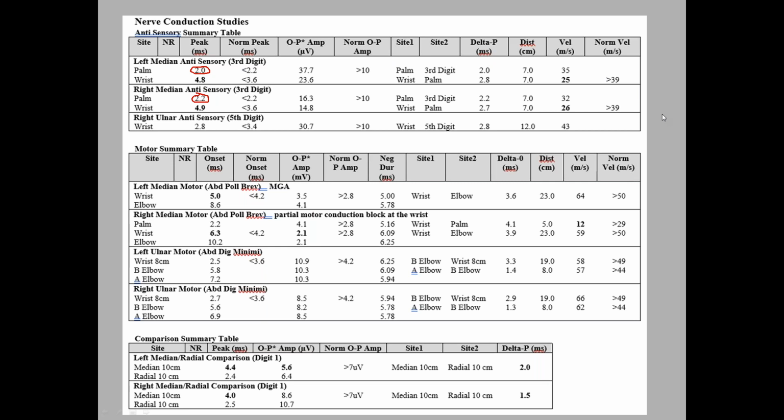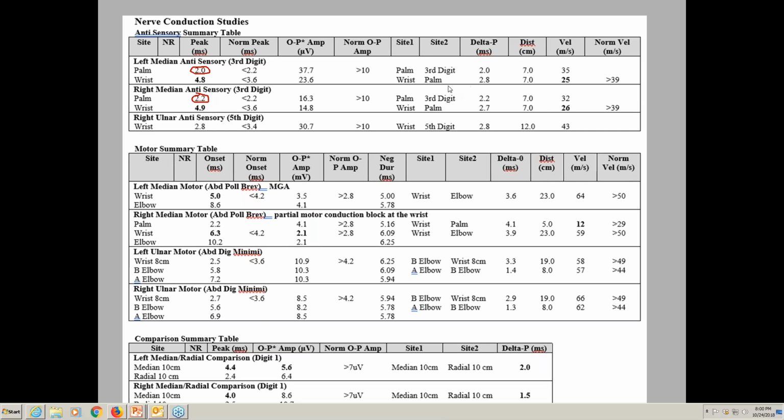So how I write this is I look at sensories first, and I go down to my comparisons to digit 1. I see that both my median versus radials are slow.